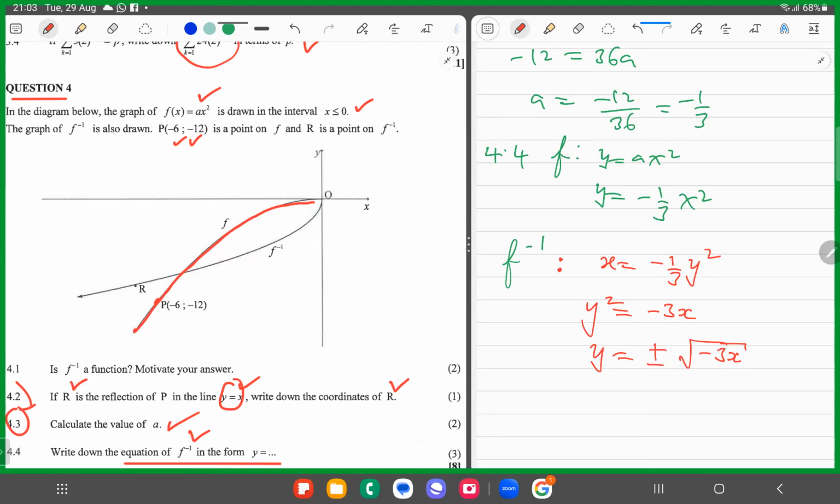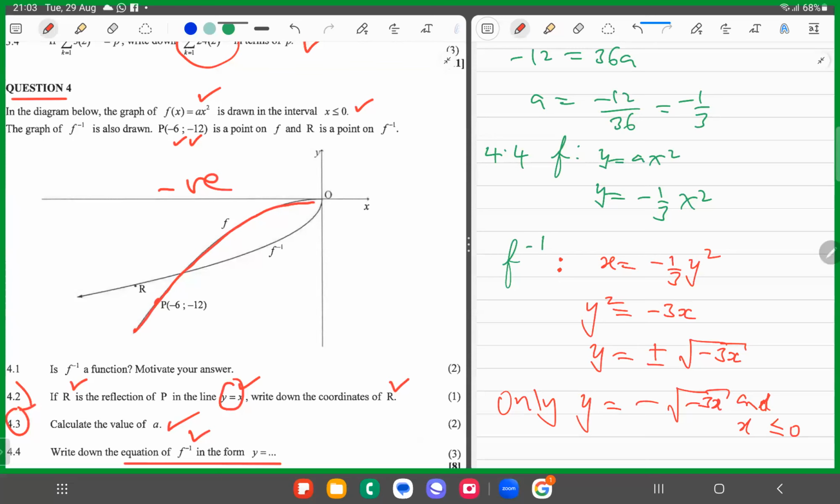But obviously, this one is on the negative side because x is negative there. So which means, therefore, we're going to say only y is the negative square root, and x is less than or equal to 0.